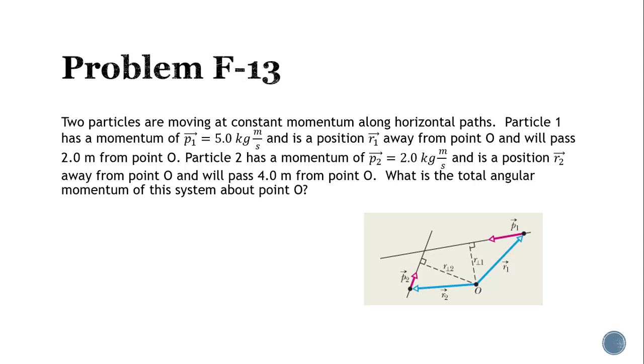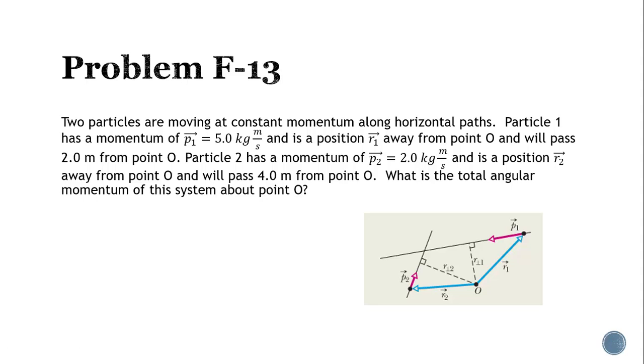Now it's worth pointing out that as long as there are no net external forces or no net external torques acting on particle 1 and particle 2, the angular momentum of this system remains constant about point O. That might seem odd even though r1 and r2 are changing.